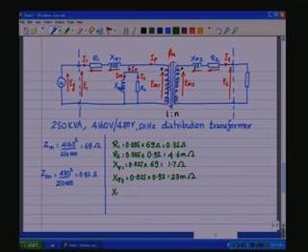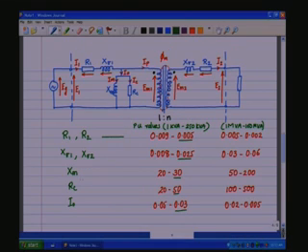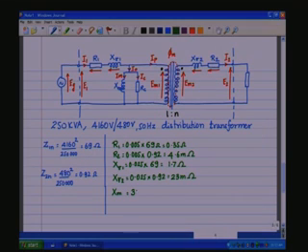Now, Xm, the magnetizing reactance. The magnetizing reactance has a per unit value of 30, which is 30 into, on the primary side, 69 ohms is the base impedance, which gives you 2070 ohms, or roughly about 2 kilo ohms.